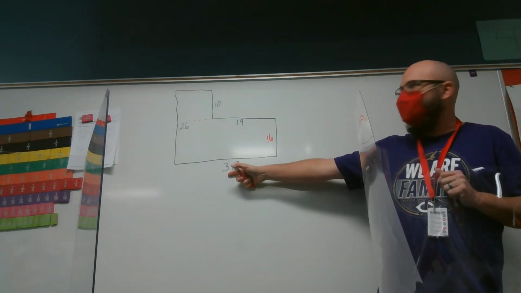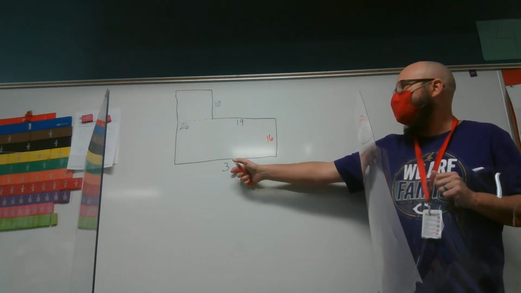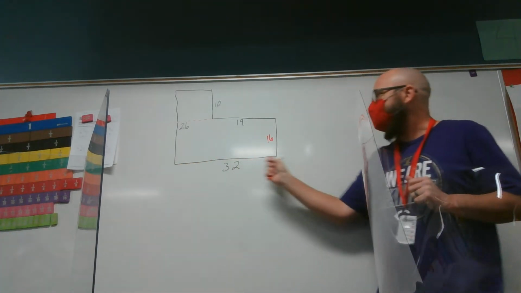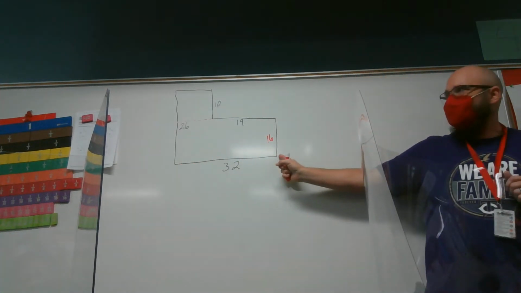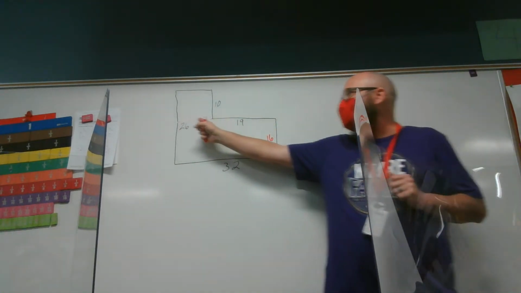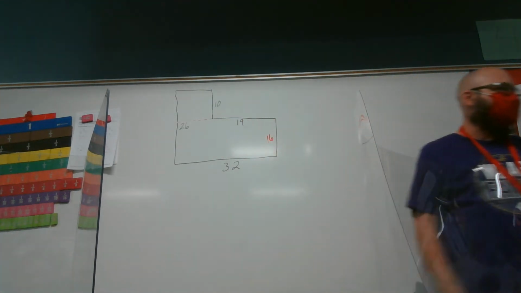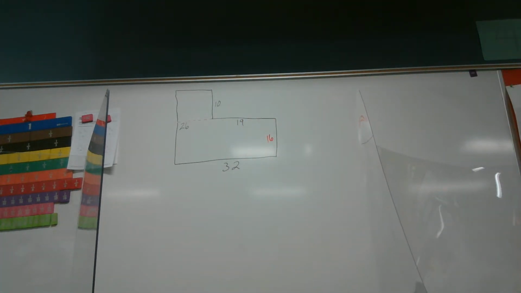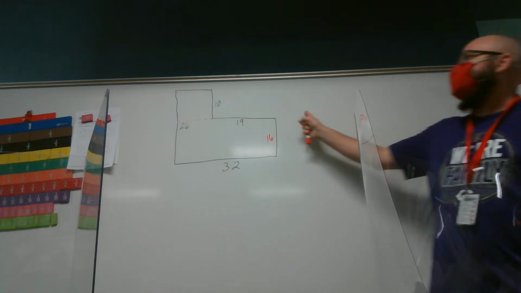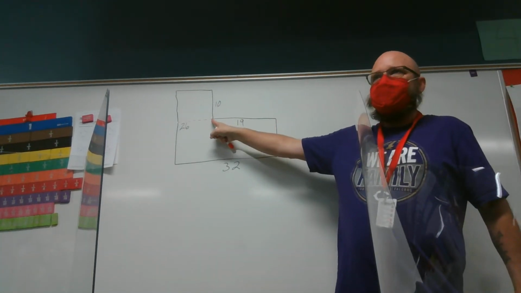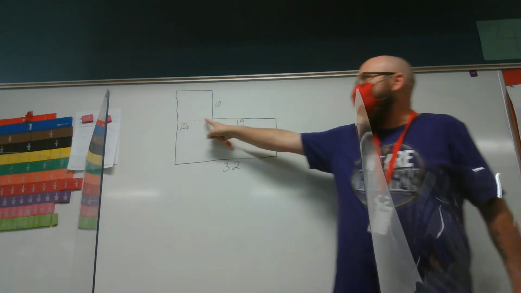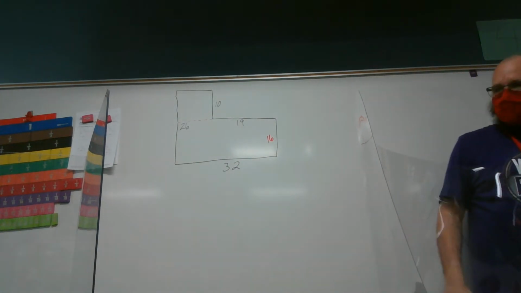Good, I need to find the difference between 32 and 19 because this whole part equals 32. So if this went all the way across, that would equal 32. But it only goes 19 across.